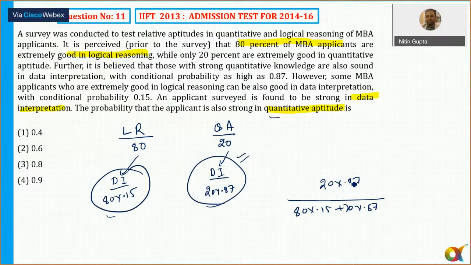So I just need to calculate 20 into 0.87 upon 80 into 0.15 plus 20 into 0.87. Okay. So that is what I need to calculate here. So this is where it comes out.